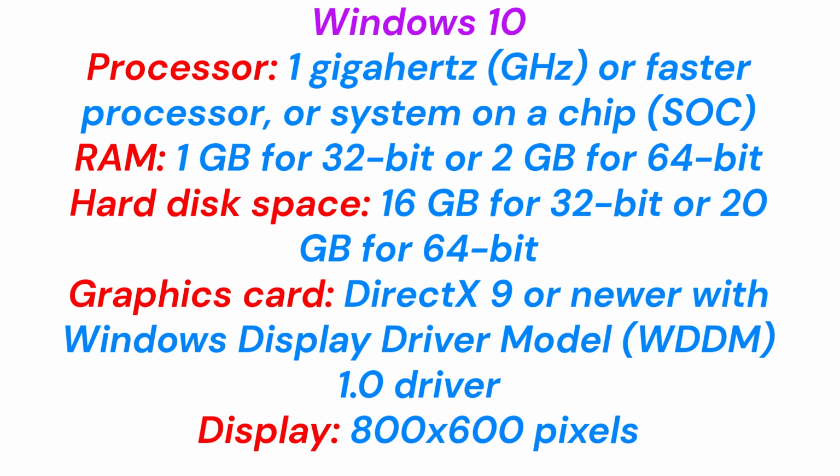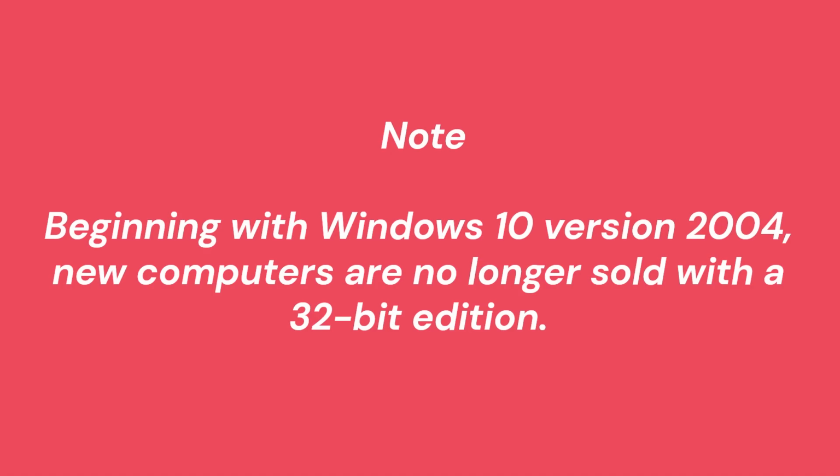Windows 10: processor 1 GHz or faster processor or system on a chip (SoC); RAM 1 GB for 32-bit or 2 GB for 64-bit; hard disk space 16 GB for 32-bit or 20 GB for 64-bit; graphics card DirectX 9 or newer with Windows Display Driver Model (WDDM) 1.0 driver; display 800x600 pixels. Note: beginning with Windows 10 version 2004, new computers are no longer sold with a 32-bit edition.